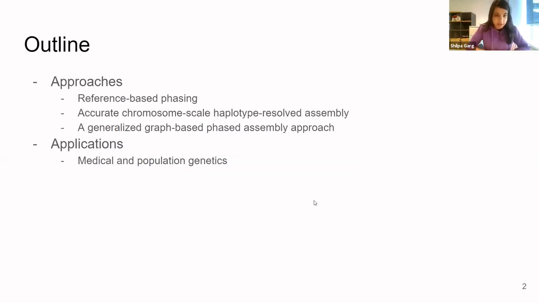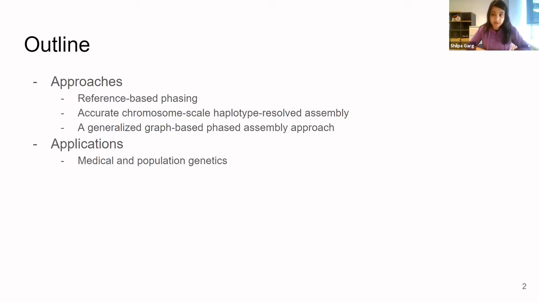So here's the outline of my talk. I'll first present a fundamental biological problem, which is haplotype phasing, and I'll give a reference-based dynamic programming algorithm to solve the phasing problem. Next, to remove any reference bias from the analysis, I will present a new workflow for performing chromosome scale haplotype resolved assembly for human genomes.